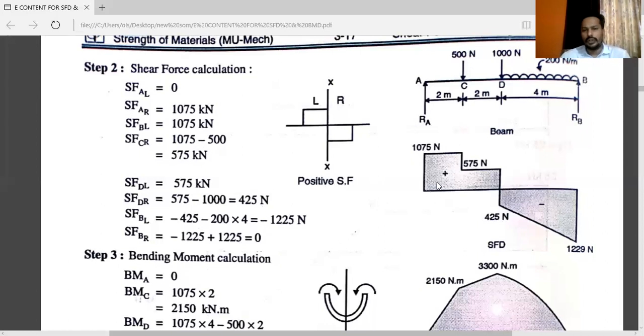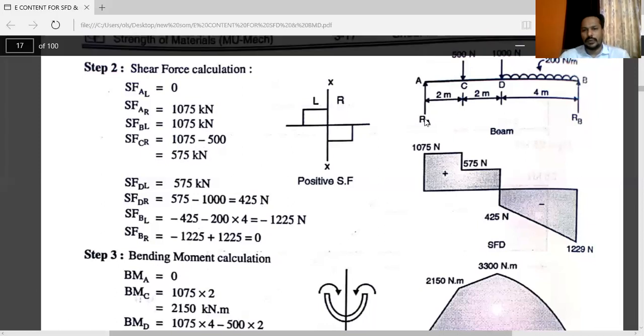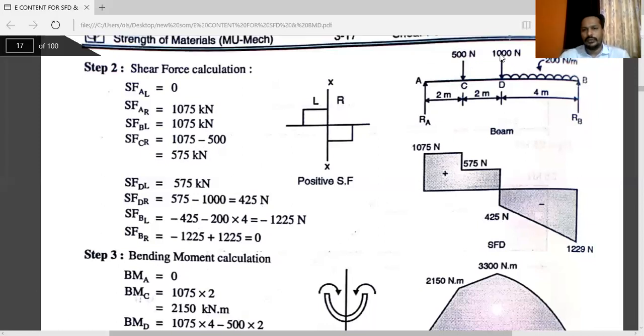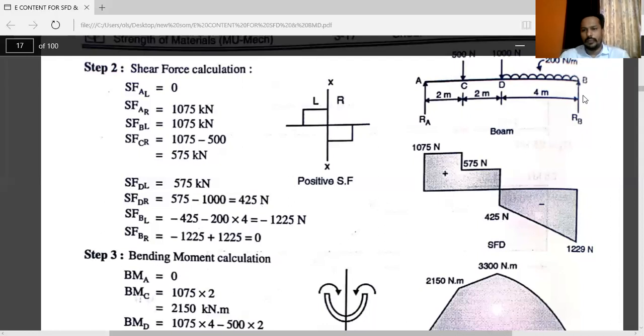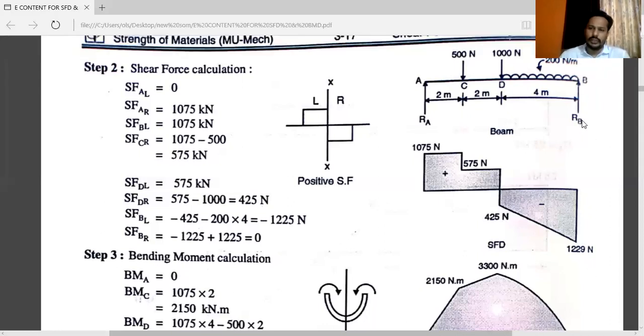Now you have to draw the shear force diagram. Just extend faint lines here. Draw vertical lines from A, C, D and B points, very faint. It will be easier to draw. So see the values: at point A, 0 and 1075 Newton.